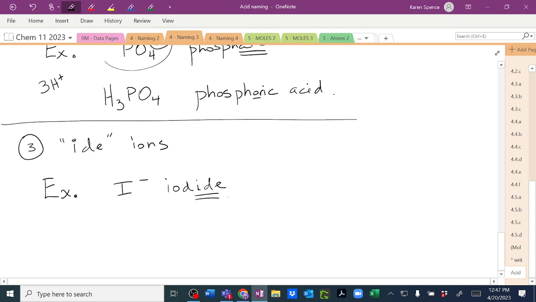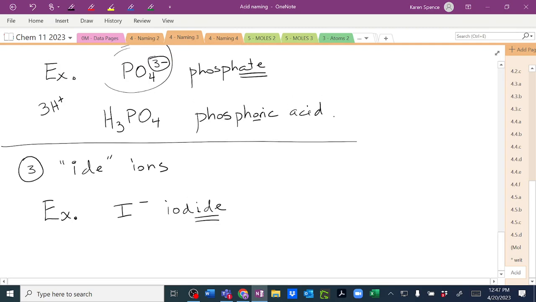Tell your partner if you remember the mnemonic for ide ions. My ride has hydraulics.